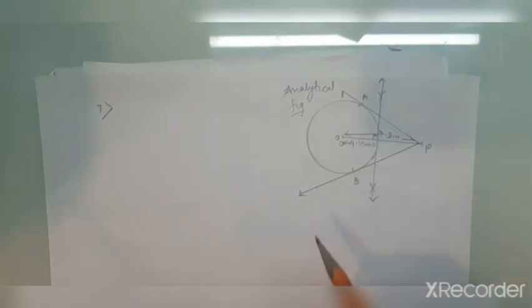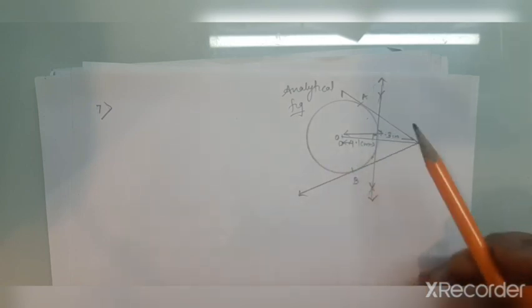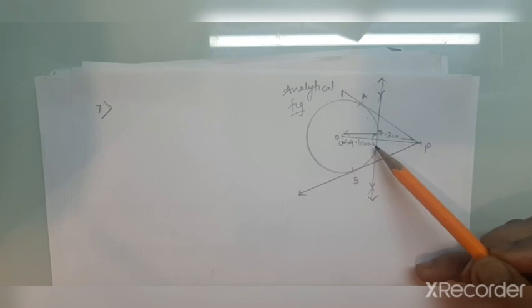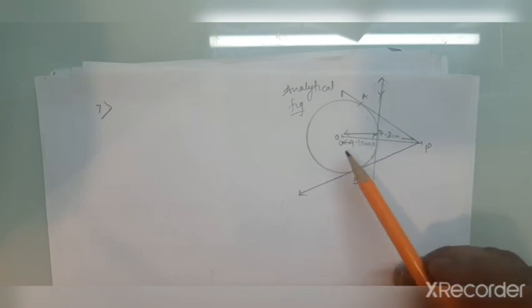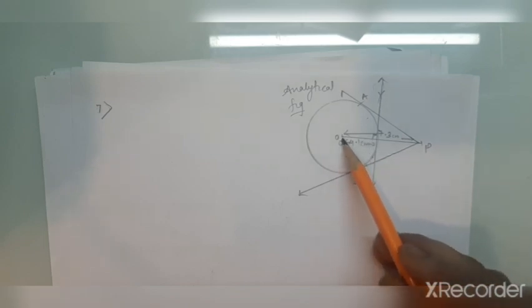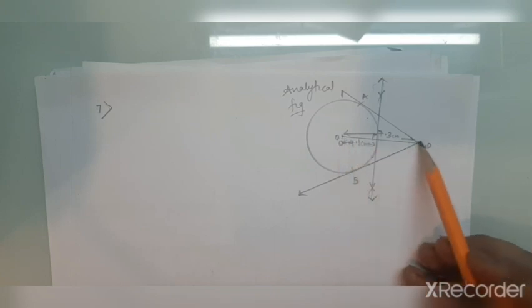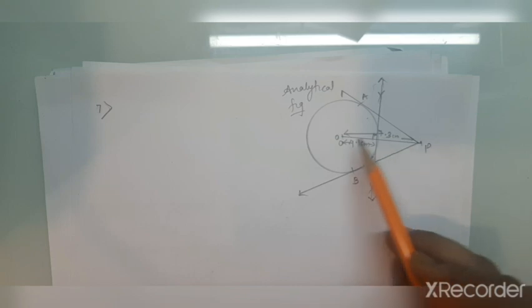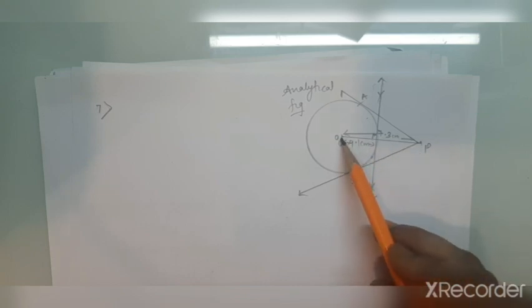I have already drawn the analytical figure. This figure shows that we have drawn a circle with 4.1 as a radius. Now we have to extend this radius from the center. The distance is 7.3. So we have to take a point which is at a distance of 7.3 from the center.